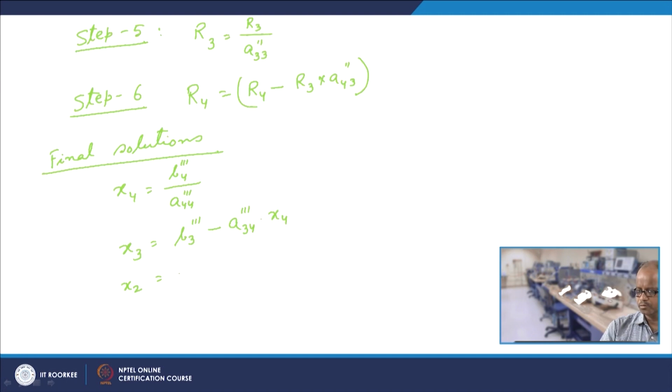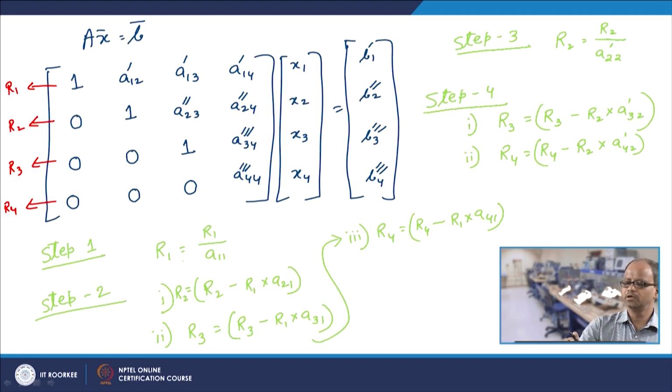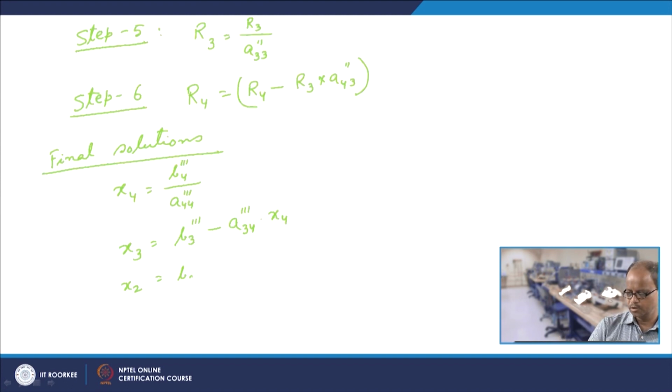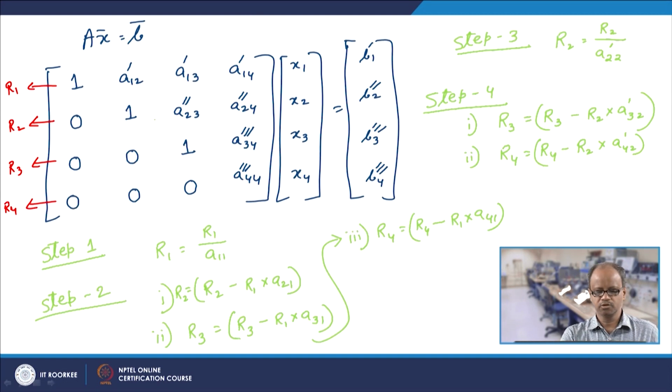Similarly, x2 would be B2 double dash minus A23 double dash into x3 minus A24 double dash into x4. Please look at this equation.